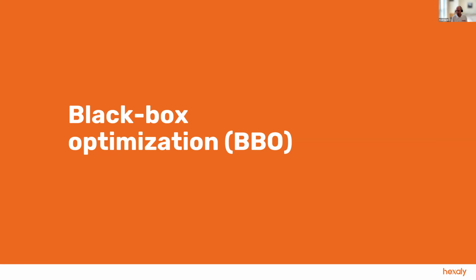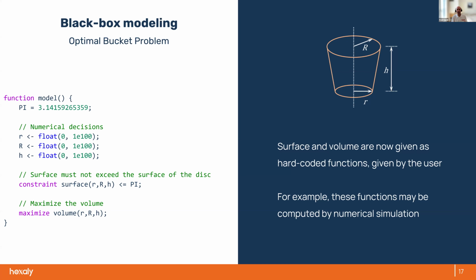We support black box optimization, and you can imagine that, for example, on this model, the surface and the volume may be some functions that are not described analytically. You don't have them, or you don't want to describe them analytically. You have, for example, some simulation tools, numerical simulators to compute the values of the surface and the volume. You can do that with Hexaly.